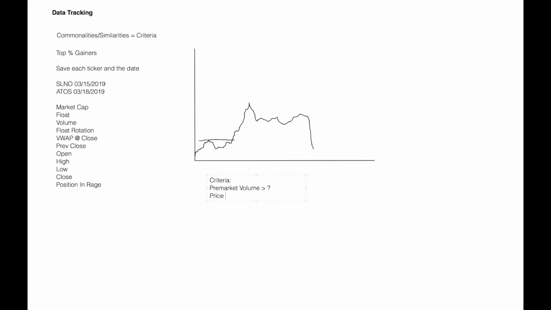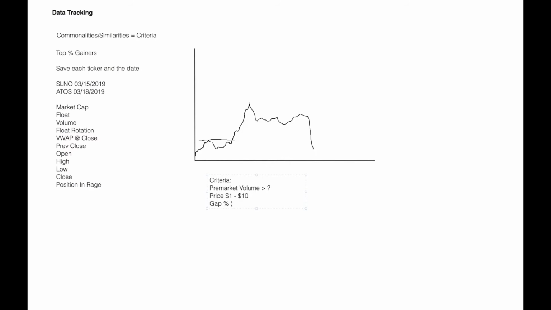And let's say it happens in a price range. Price is between, let's just make an example of 1 to 10 here. And then we have a top confirmed, like a breakout level that you could use at the open if it pushes above it. And now from here, you can test for gap percentage.